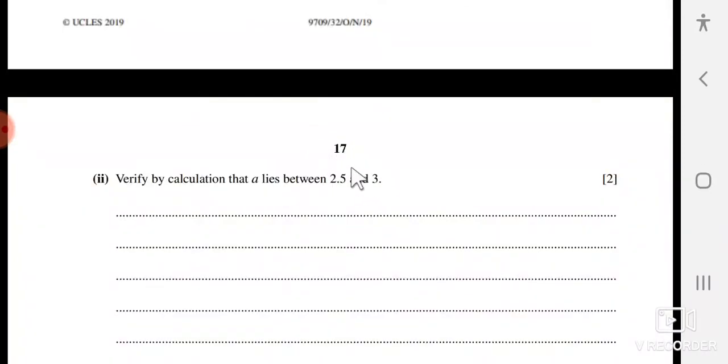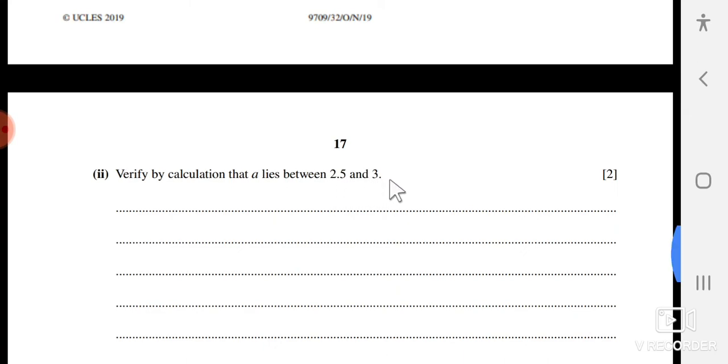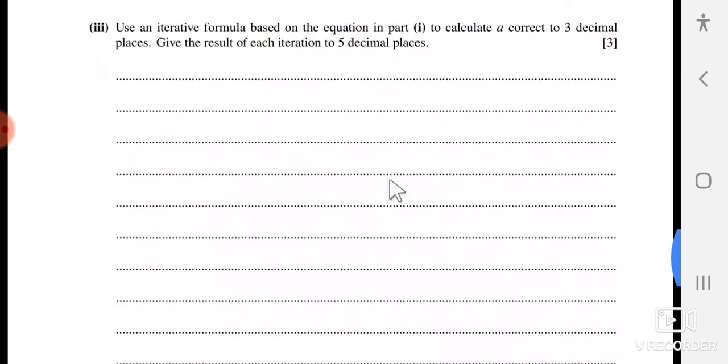Now moving forward, verify this. As you have already proved there, make it f(a) and f(b), and taking both to one side, substitute these values again and again. If their answers vary by sign, that confirms the root lies between them.